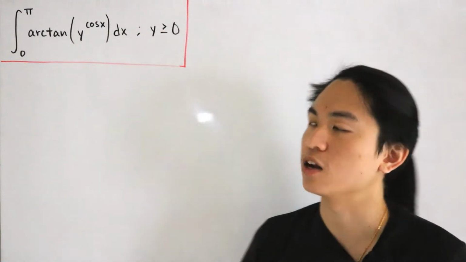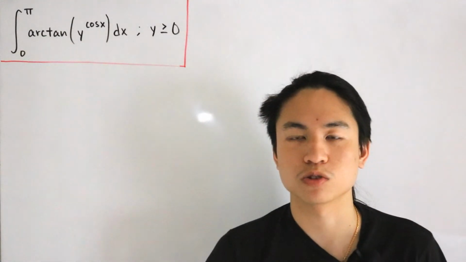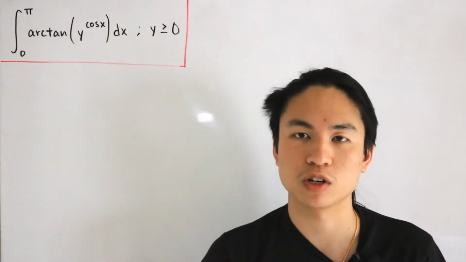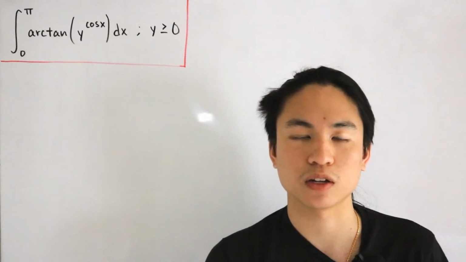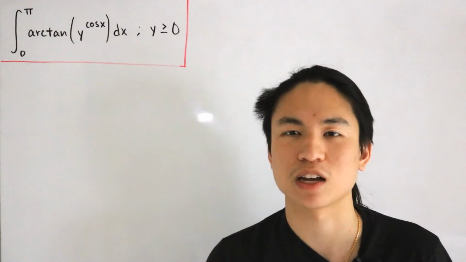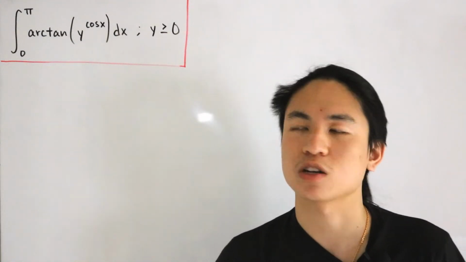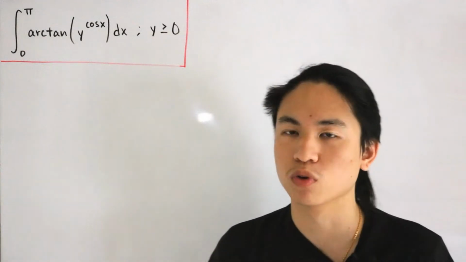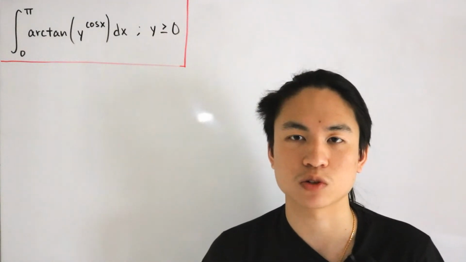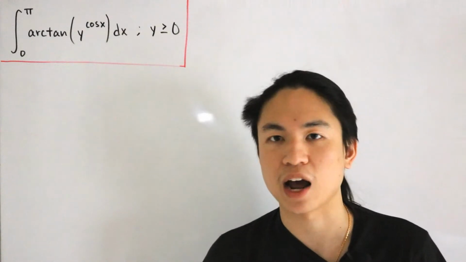So to calculate this, it usually involves some U substitutions and some identities involving the arctangent, which I did prove in one of my previous videos. I actually used this identity so many times, I can link it in the description again. But it's worth noting that the proof I did for that arctangent identity is only for the case of x strictly greater than 0, and not the negative case.